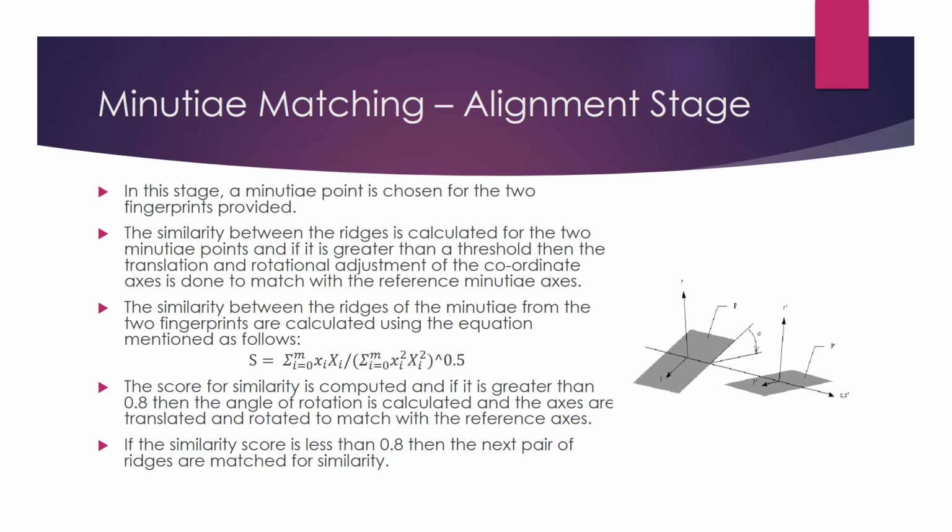S equals summation of xi by the square root of xi squared. The score for the similarity is computed, and if it is greater than 0.8, then the angle of rotation is calculated and the axes are translated and rotated to match the reference axis. If the similarity score is less than 0.8, then the next pair of ridges is matched for similarity.